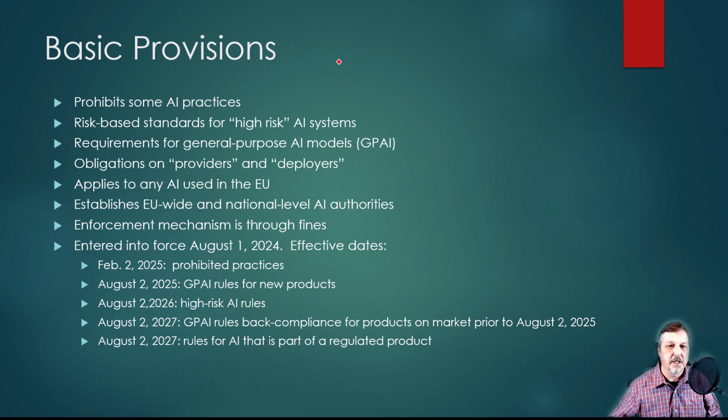And in structure, in many ways, it's similar to GDPR. So you'll see that the AI Act outright prohibits some AI practices, a relatively broad but relatively narrow set of practices, and we'll talk about what those are in a minute. So we have some things that are prohibited, but really the heart of it is a risk management or risk-based kind of set of principles and rules.